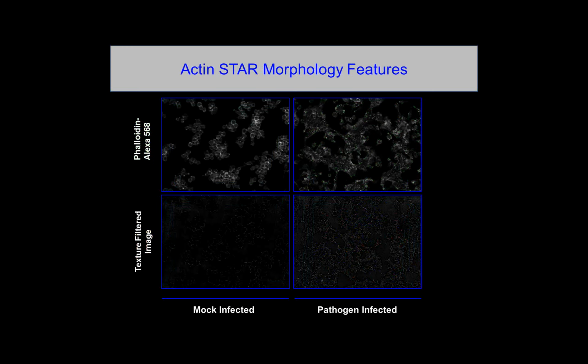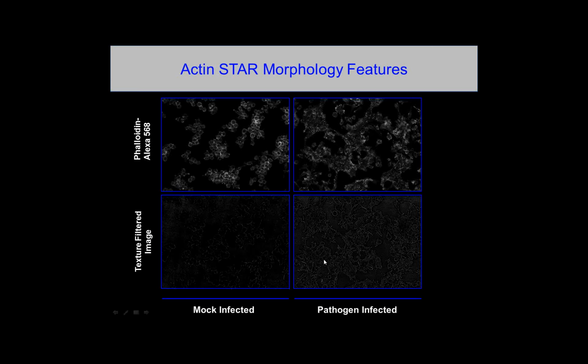Finally, we also extracted STAR morphology features. These are features that are calculated, as Seungtaek mentioned before, and that give an indication of the intracellular distributions of fluorescence. And we applied these STAR features to the actin channel. And in fact, you can see here there are dramatic differences between the infected and non-infected sample.